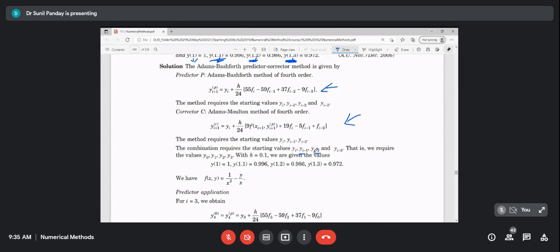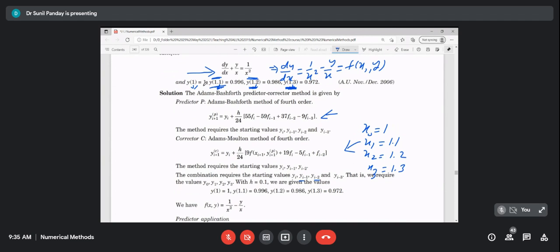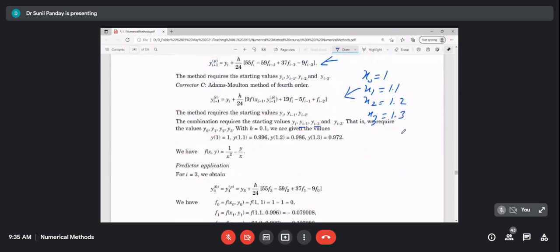Here x naught is 1, x1 is 1.1, x2 is 1.2, and x3 is 1.3, as given. Their corresponding values are also given: y1 is y of 1.1, y2 is y of 1.2, and y3 is y of 1.3.